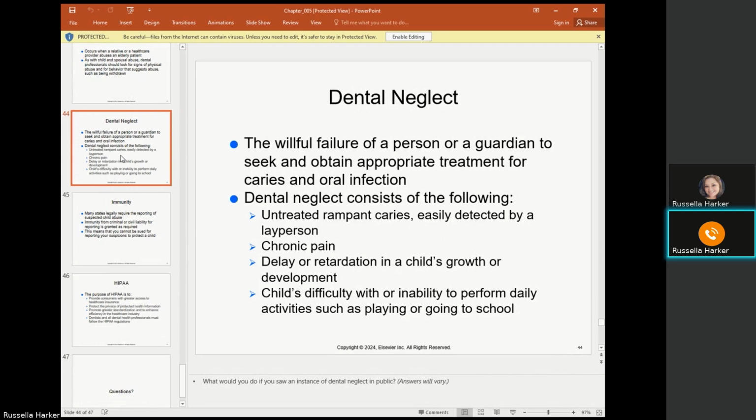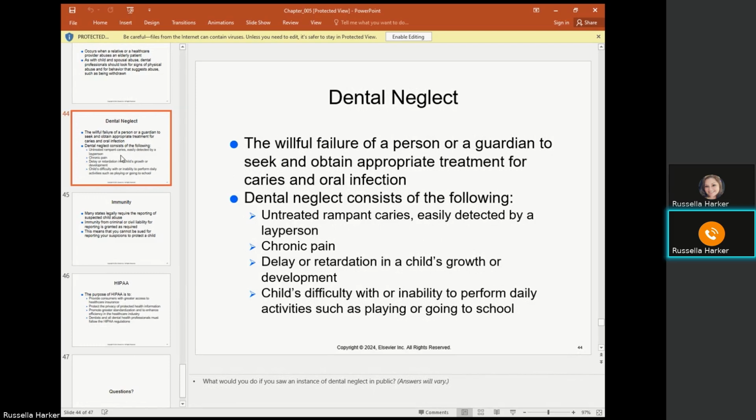There may be chronic pain, a delay in the child's growth or development, and the child's difficulty with or inability to perform daily activities such as playing or going to school.